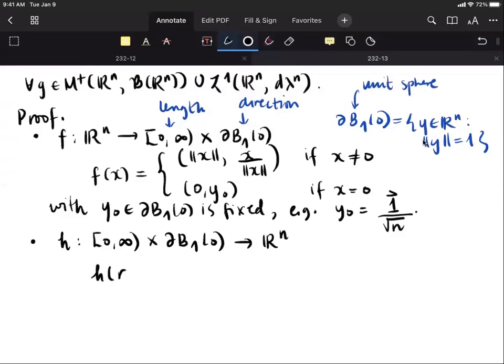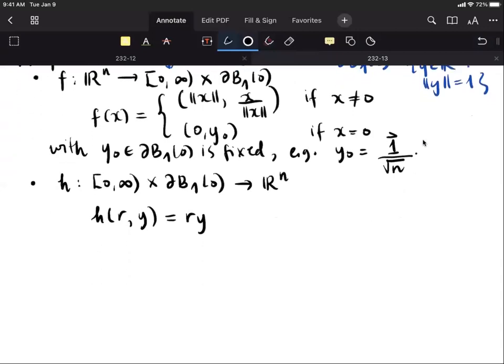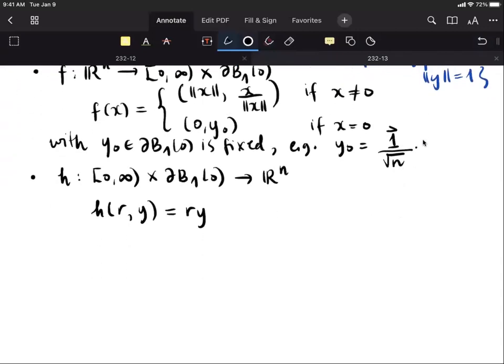So you take the radius or the length, you have the direction, say y, this is r times y. Then you can see that if we take the composition at x, so this is h of f of x.